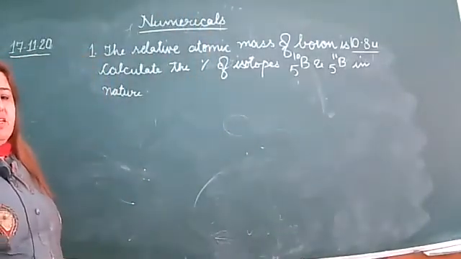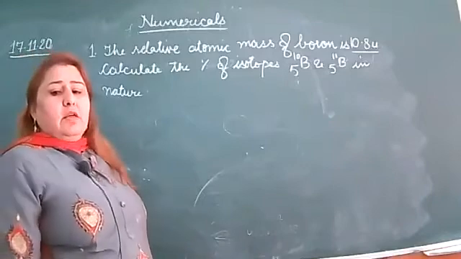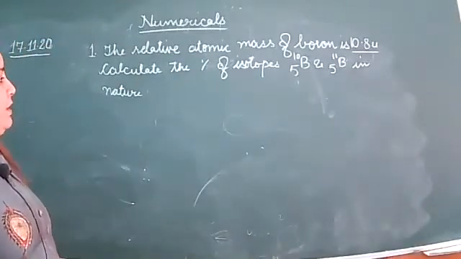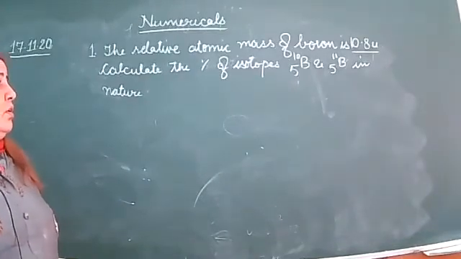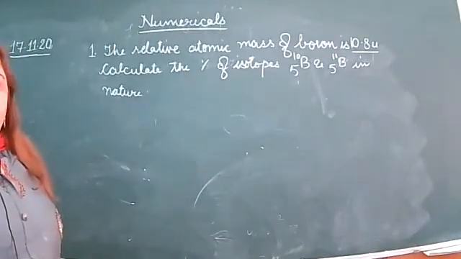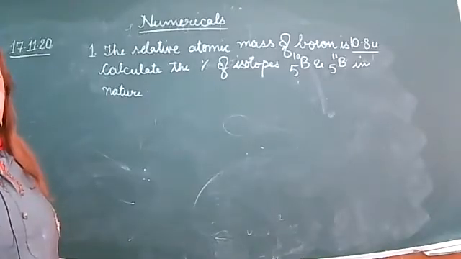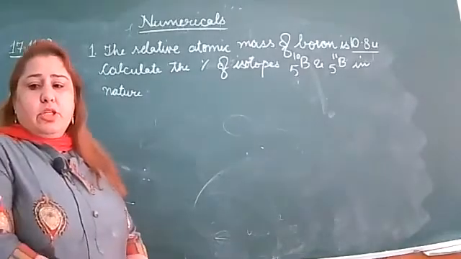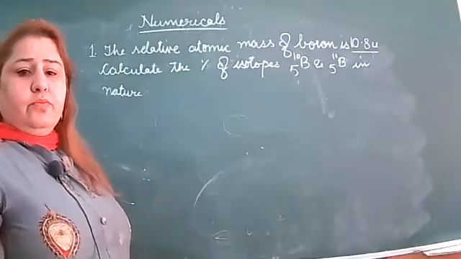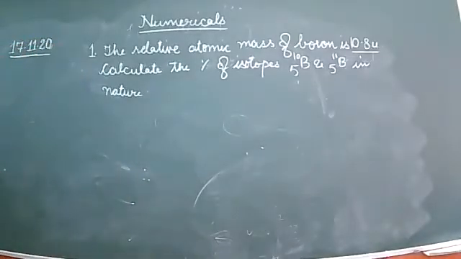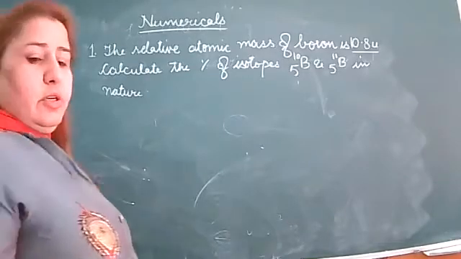Relative atomic mass, that means the average atomic mass of boron is 10.8 U. Calculate the percentage of isotope 5 boron 10 and 5 boron 11 in nature. Calculate. Hurry up. Do it.